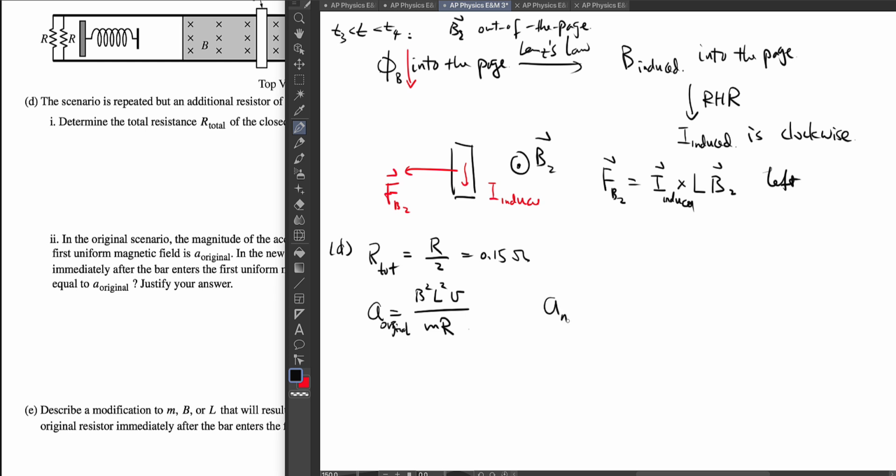Now for A new, if I use a similar equation, I'll get MR over 2 instead. B square L square did not change, V doesn't change. So that means the A new now doubles.